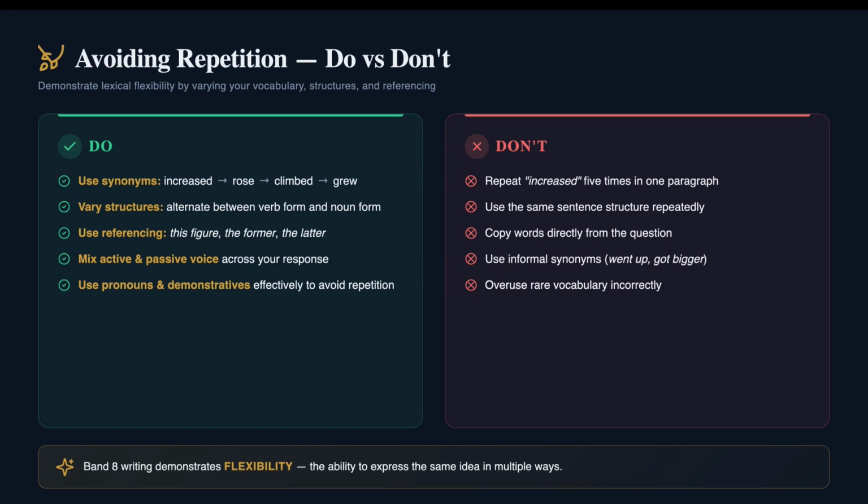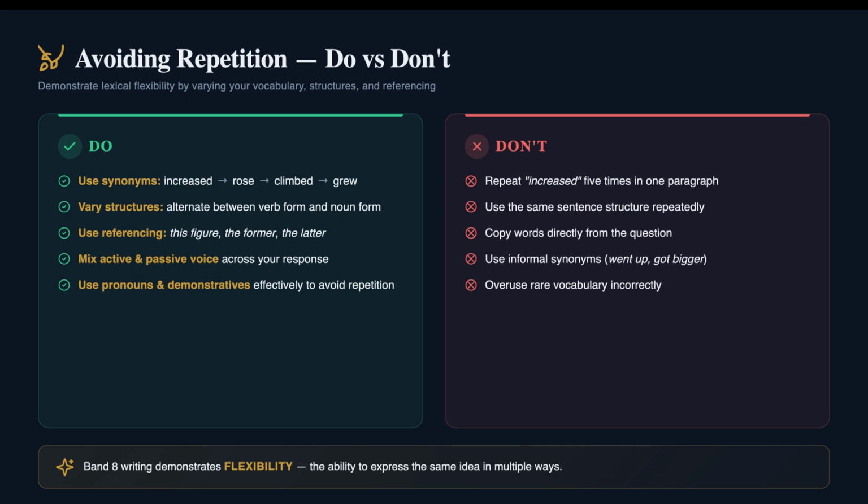Varying structure. What do I mean by this? Well, you have to vary, use different sentence structures, alternate between verb form and noun form. Advanced English users tend to be able to play with the verb form and the noun forms, especially when they are paraphrasing the sentences.